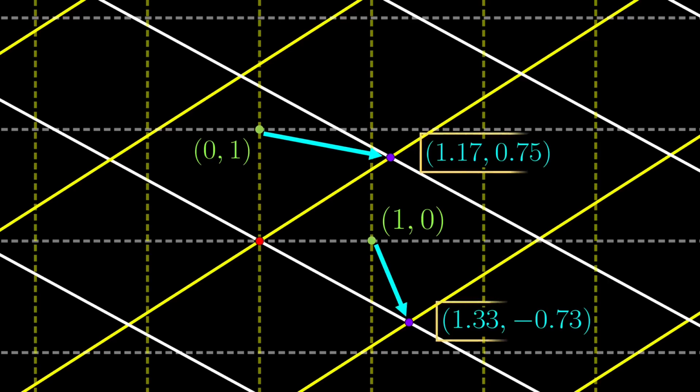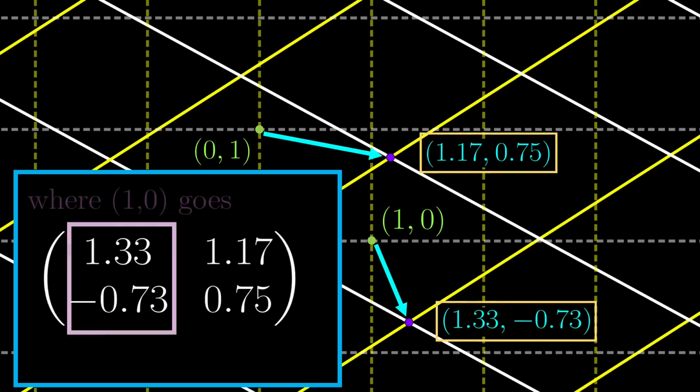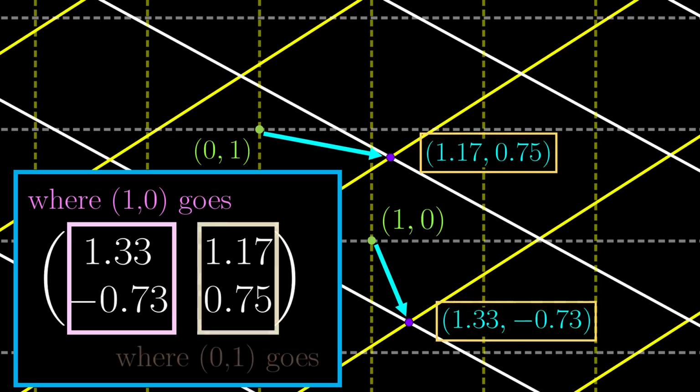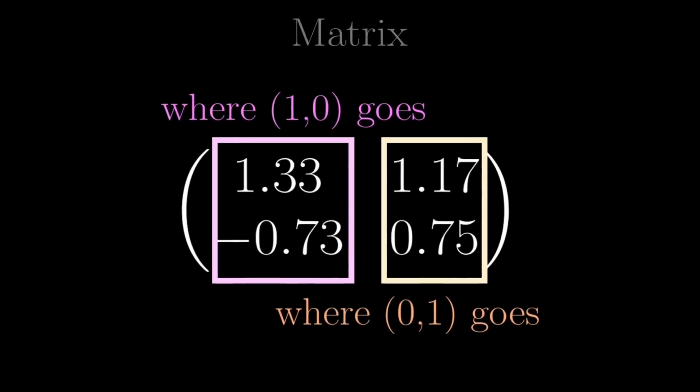These 4 numbers completely determine the linear map, and so we usually represent them in an array like this. By convention, the first column represents where (1, 0) goes, and the second column represents where (0, 1) goes. This array of numbers is called a matrix, capturing the essence of a linear map.